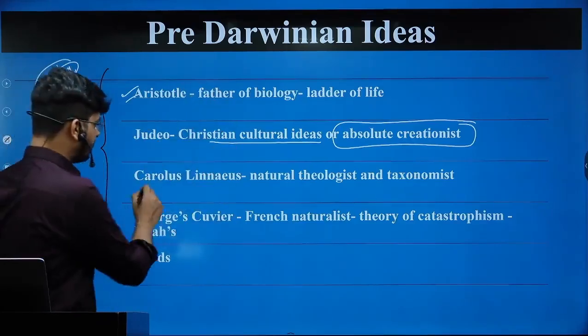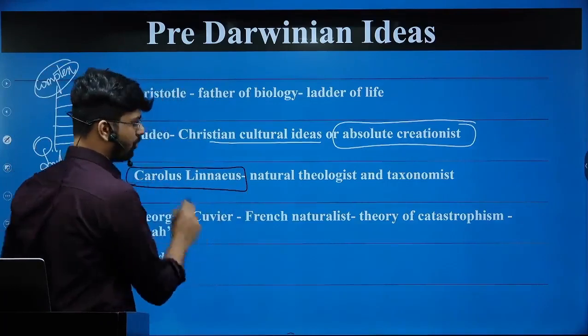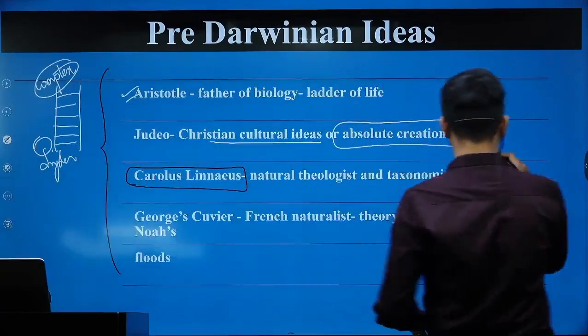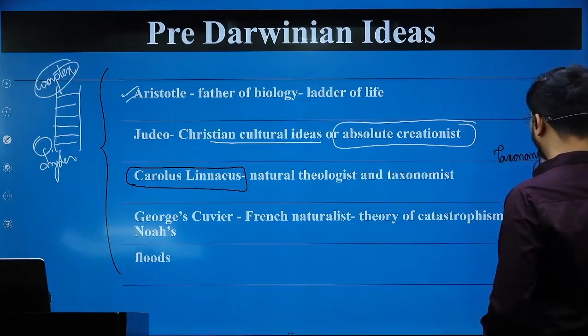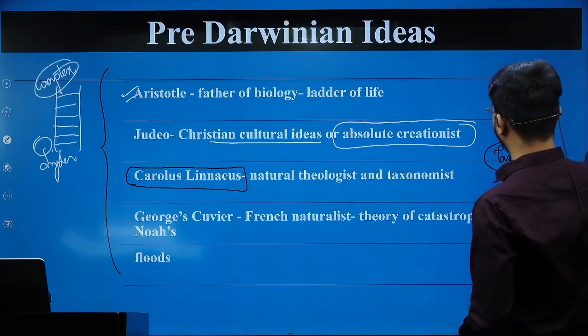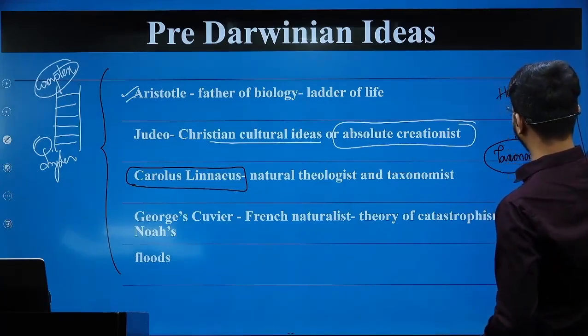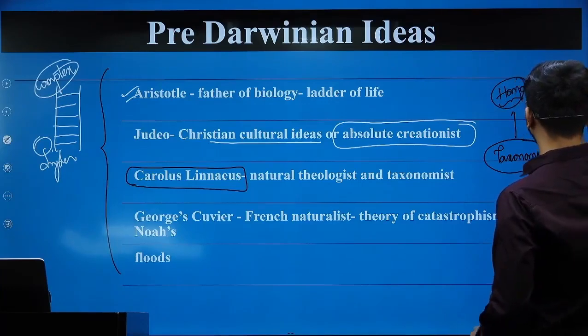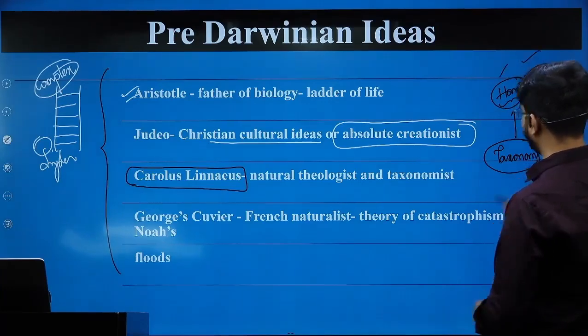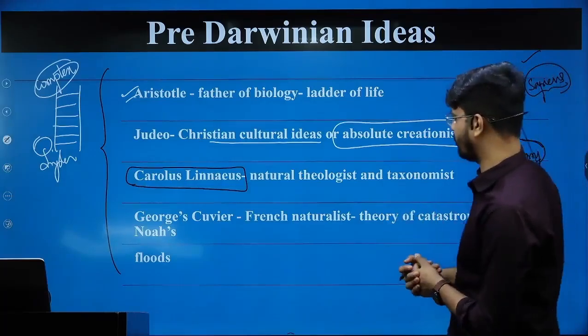And the other person, Carl Linnaeus, is the one who has given us the taxonomy. Even today we use this wording, Homo sapiens, Homo neanderthalensis. Okay, so we are using the two-word taxonomical classification which was given by Carl Linnaeus at that point of time.